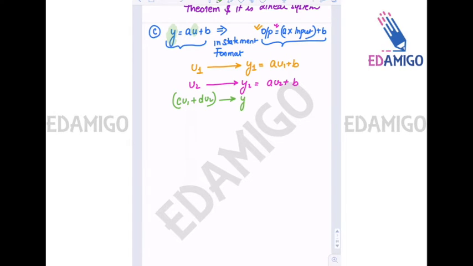Then the output y out will be equal to A times input plus B, that is A C u1 plus A D u2 plus B. We can see that this is not equal to C times y1 plus D times y2. Thus the system is not following the superposition theorem, and thus this is a non-linear system.